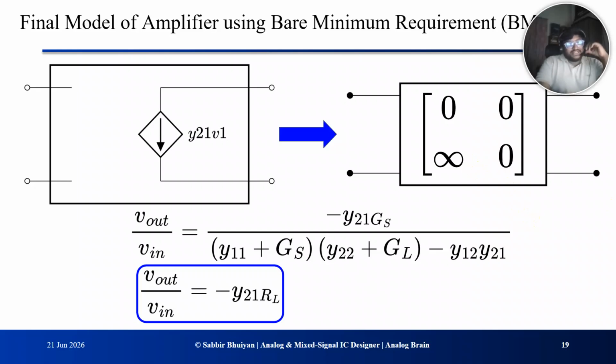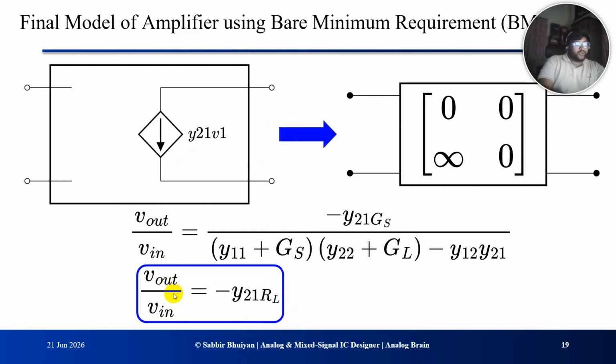If you take the full gain expression from slide 10 and substitute Y11 equals 0, Y12 equals 0, Y22 equals 0, the denominator collapses to just GS and GL, and you are left with a strikingly simple result: Vout by Vin is minus Y21 RL. If you talk about a MOSFET, this is nothing but your common source amplifier with a resistive load. But your gain depends on RL, and this is a voltage controlled current source.